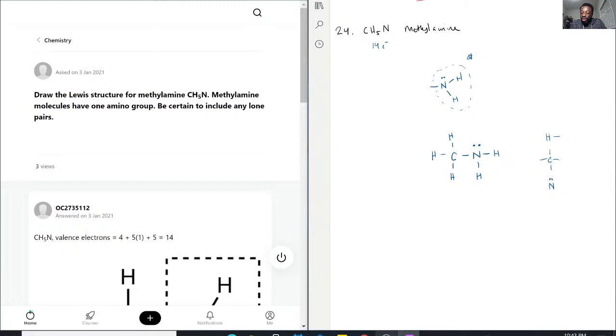Nitrogen's formal charge of 0 is 1 lone pair and 3 bonds. So funny enough, everything here has a formal charge of 0. So this, because they also follow the octet rule based on the carbon and the nitrogen, would be the Lewis structure for methylamine. And we did include the lone pair, which is only on the nitrogen.